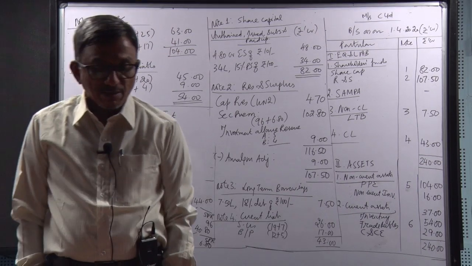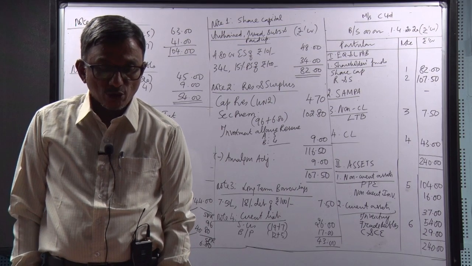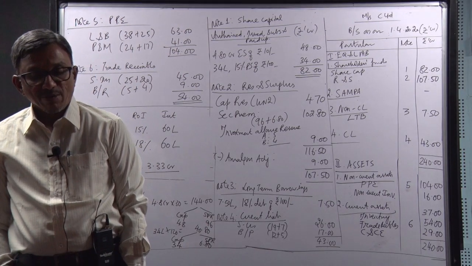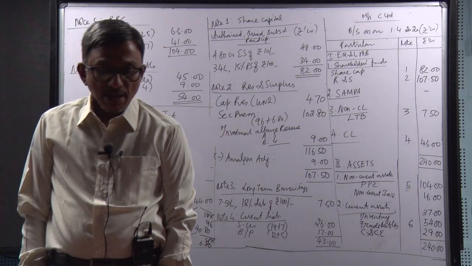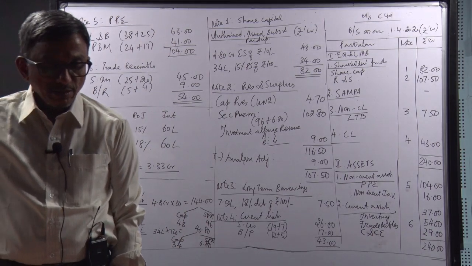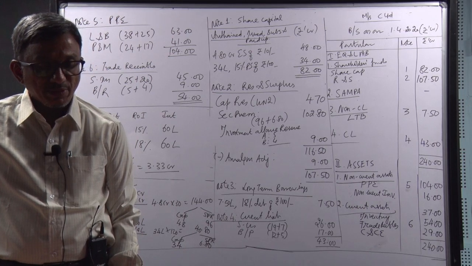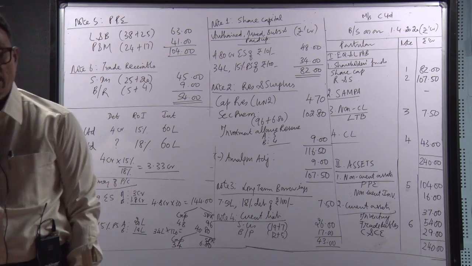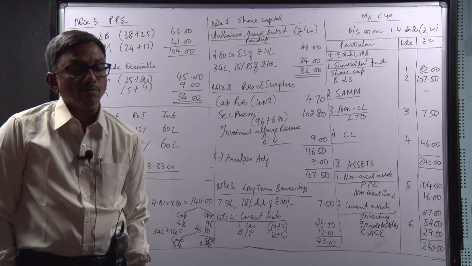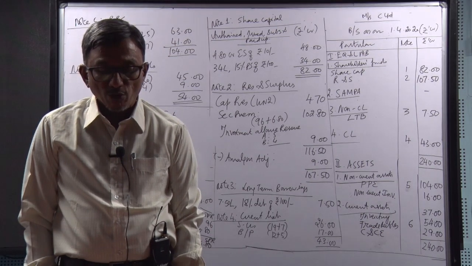Then adjustment number D. Liabilities of Bets Limited included rupees 1 lakh due to Best Limited for purchase from it, on which Best Limited made a profit of 25% of the cost. The goods of 50,000 out of the said purchase remained in stock on the date of the above balance sheet. This is the intercompany owing of 1 lakh. Before the merger of Best and Bets, there was some intercompany owing of 1 lakh.